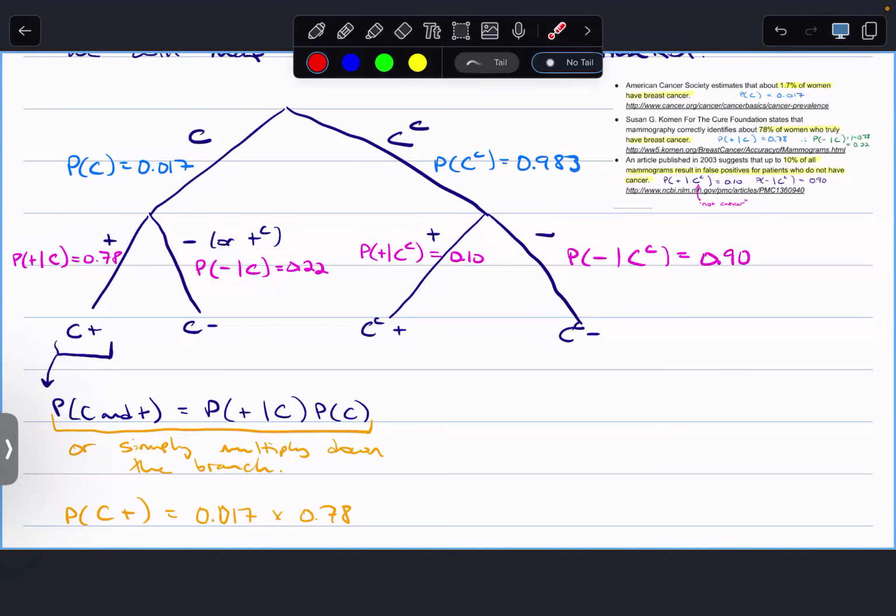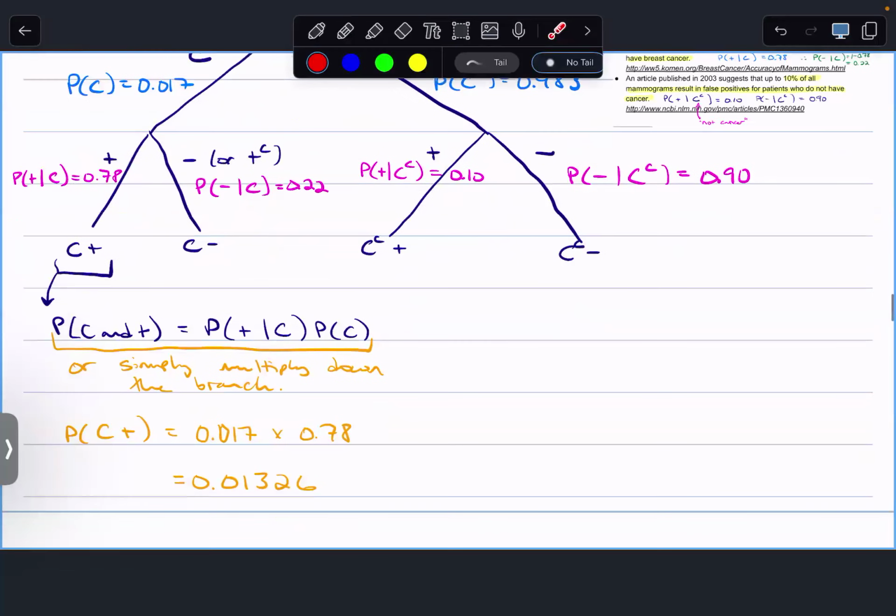So usually I just multiply down all the branches right away. Why do I do that? Well, it's tedious and I like to do tedious things, but also then I can double check that I did it right by adding them all up and making sure they add to 1. Because otherwise I might have got some numbers wrong.